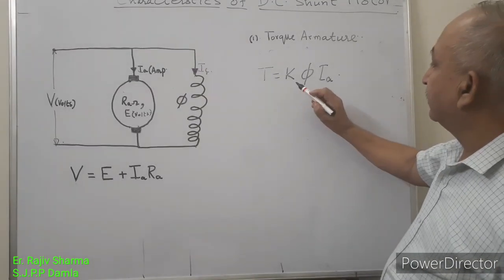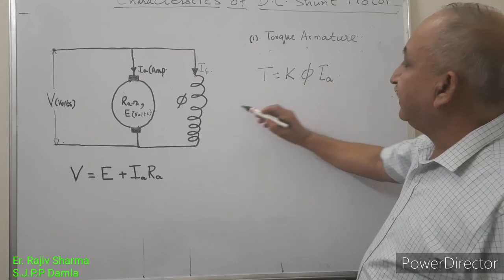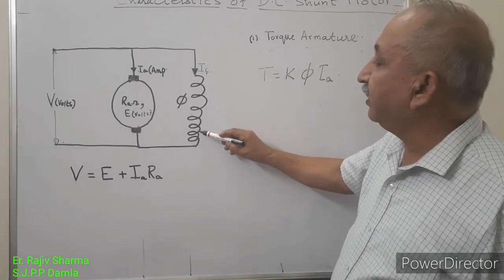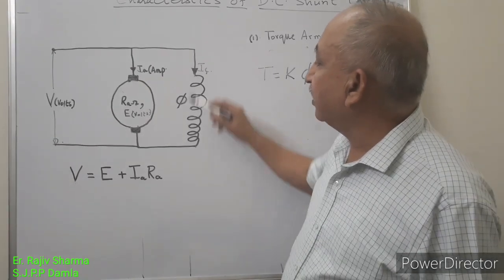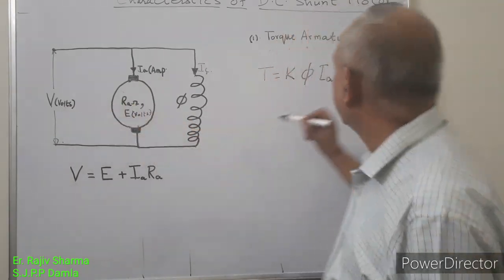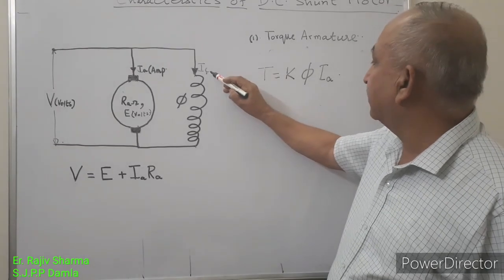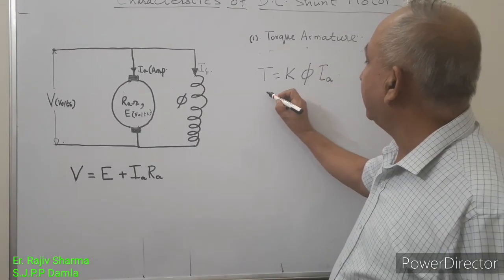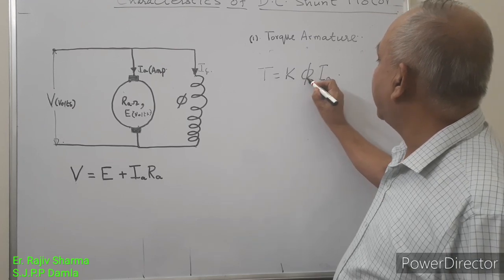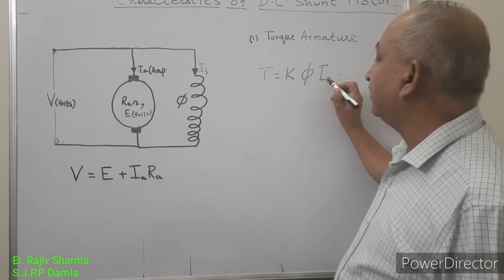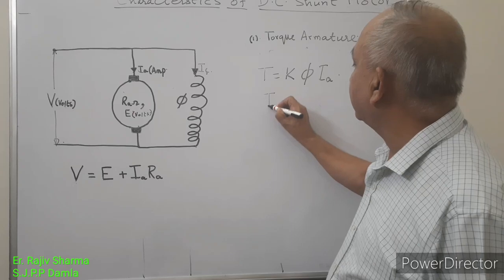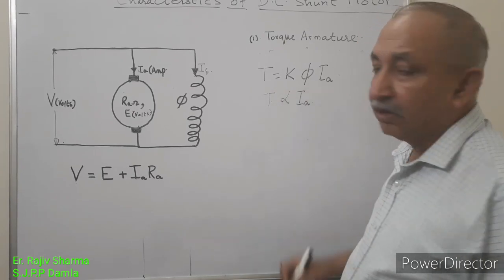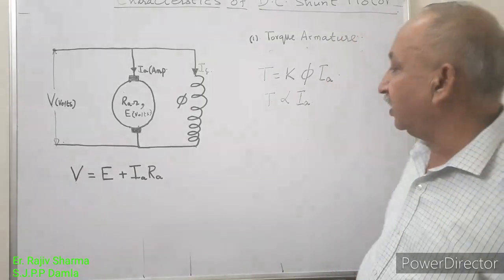Now, in the DC shunt motor, since the shunt field winding is getting a constant voltage of V volts, the field current is constant, and so phi is constant. So K is constant, phi is constant, and IA is changing. So torque is directly proportional to armature current.